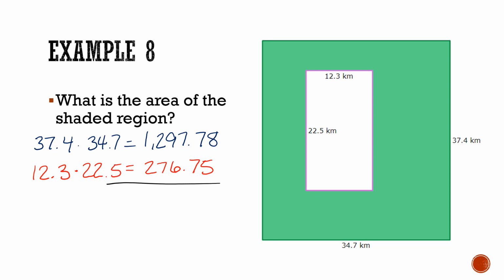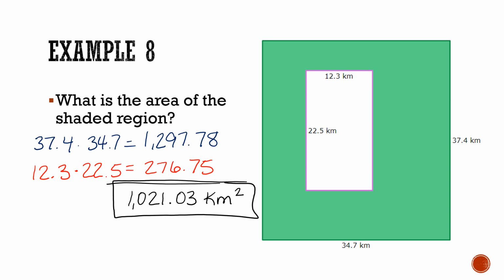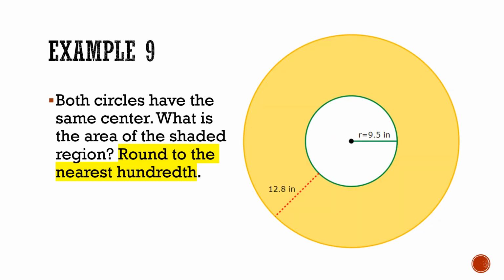Again, we will subtract, which leaves you with 1,021.03 kilometers squared. Okay, go ahead and pause your video and try example 9. Once you get to your final answer, round that answer to the nearest hundredth.